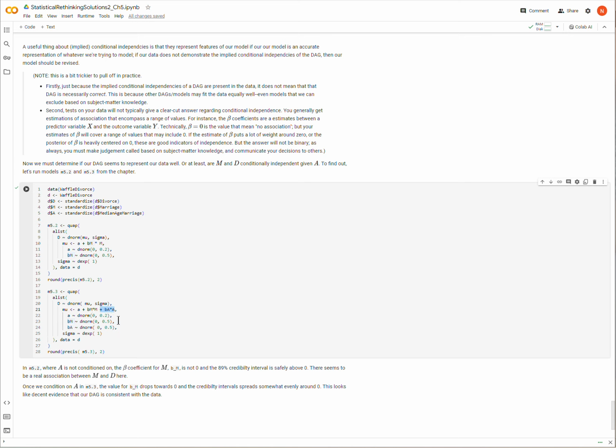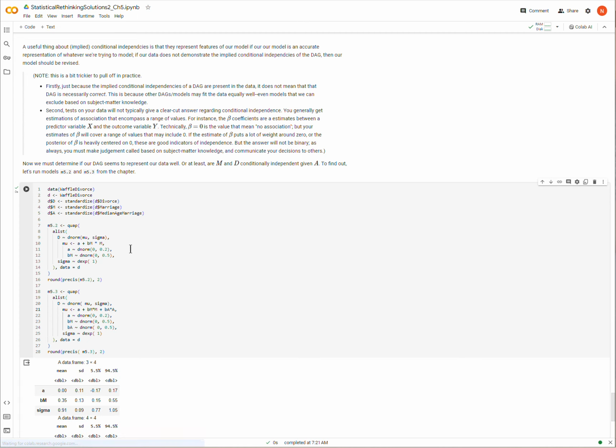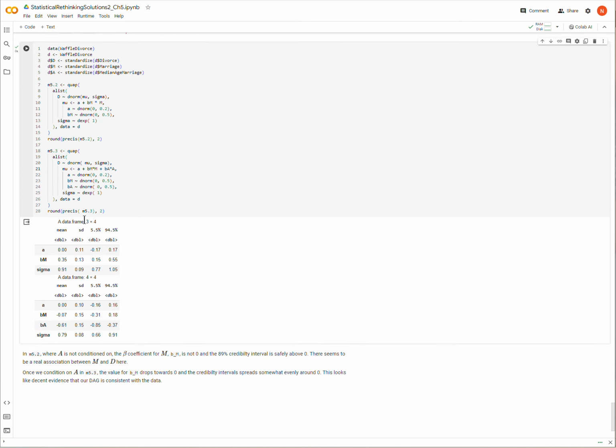If that implied conditional independency is actually a feature of our data, we should see in the first model that Bm, the beta M, is not 0. We find an association between M and D, but then that association should dissipate or disappear once we additionally condition on A. That's what we should find. Here are our summary outputs, the first one for M52 and then M53 on the bottom.